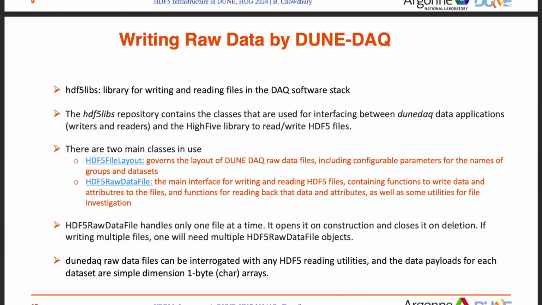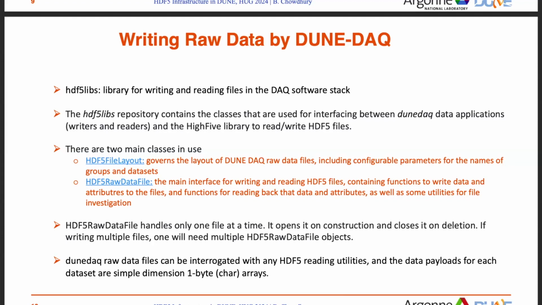Okay, so here is how we write the raw data by our DUNE DAQ. We use HDF5 libs. This is actually the library for writing and reading files in the DAQ software stack. This repository basically contains the classes that are used for interfacing between DUNE DAQ data applications, for example, readers and writers, and the HighFive library to read and write HDF5 files.